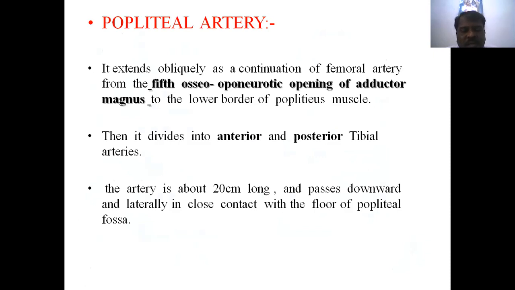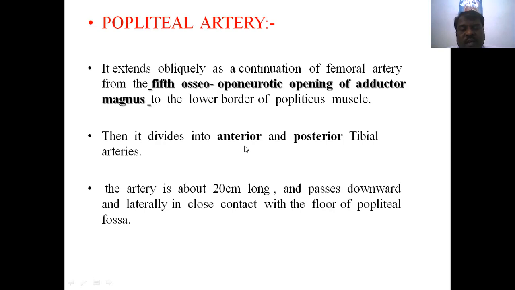See, at the adductor magnus muscle margin, we can identify the thick fascia covering the medial surface of the femur. We can identify an inverted U-shaped opening, called the osteoaponeurotic opening of adductor magnus. Through this, the femoral artery enters the popliteal fossa.